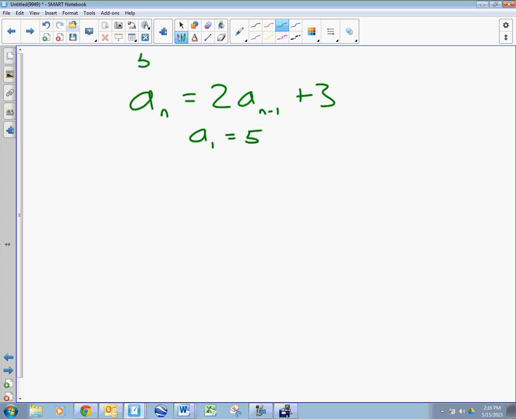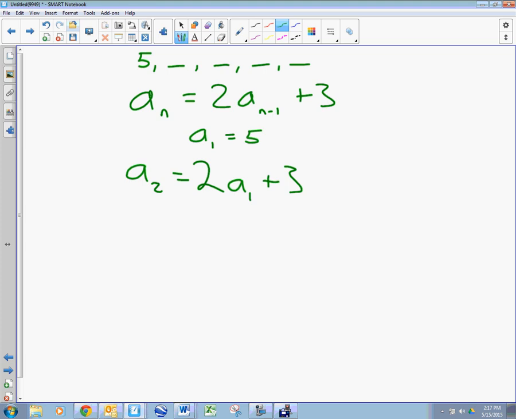You are wondering what are the next terms of that sequence. Well, I know a sub 1, so I'm looking for a sub 2. So what I do is I take 2 times a sub, what is 2 minus 1? 1 plus 3. So recursive means it requires knowledge of the previous term.